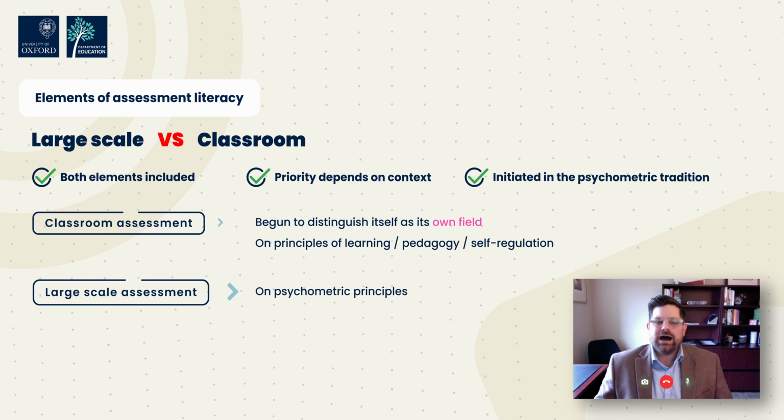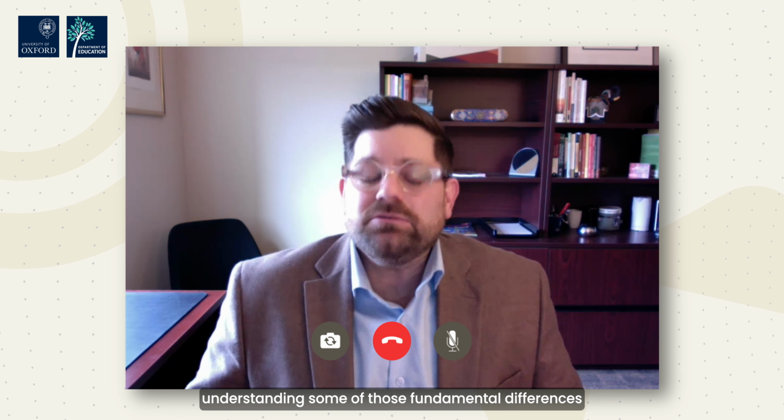And so understanding some of those fundamental differences leads us to understand how those two assessment traditions operate differently in our classrooms, why they give rise to different purposes and different practices.